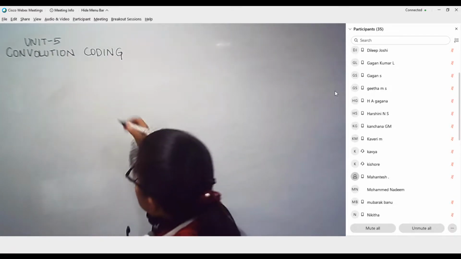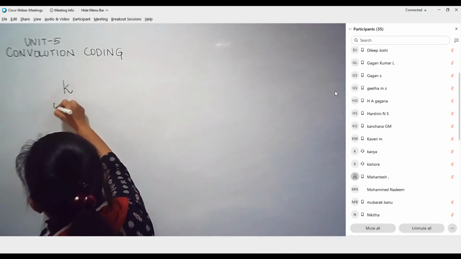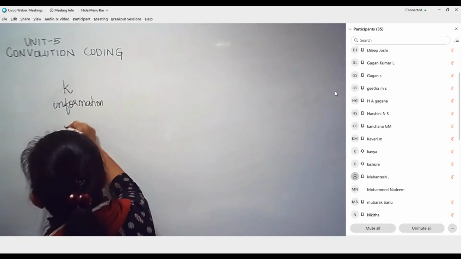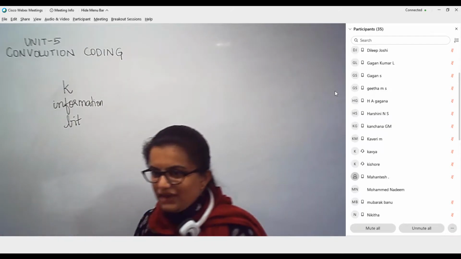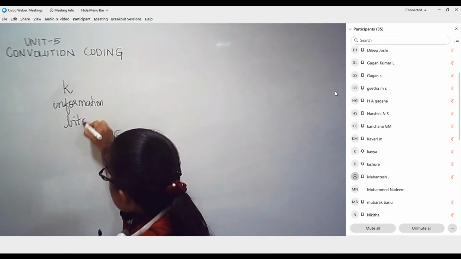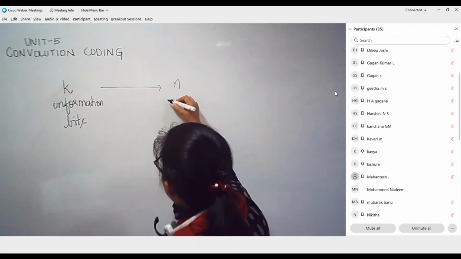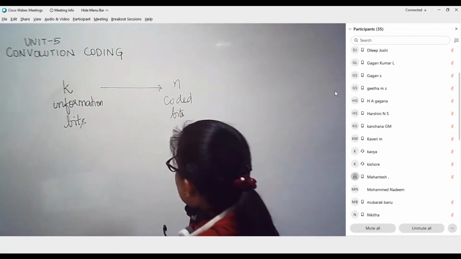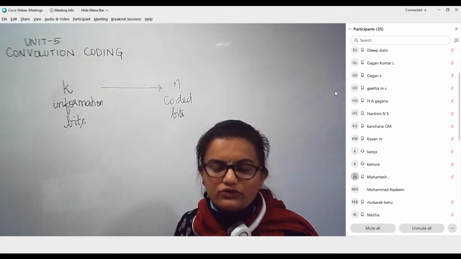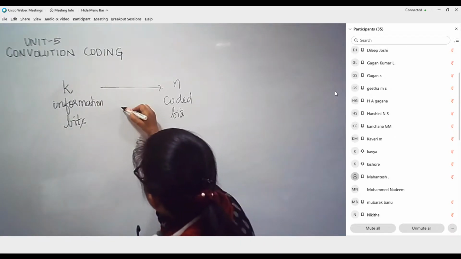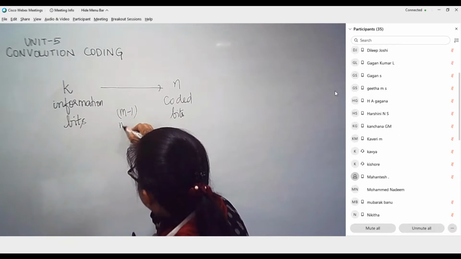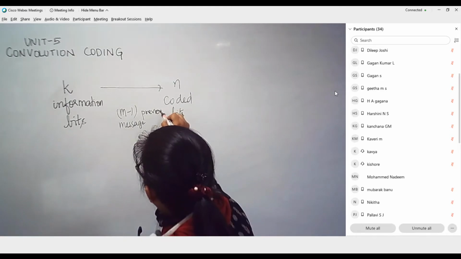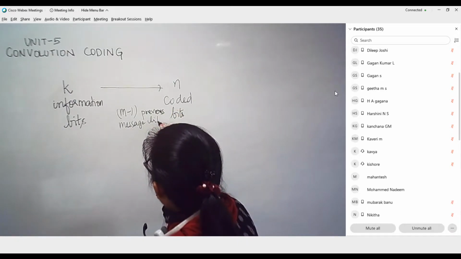As I said, this is going to take k information bits. If we have k information bits, I do not call it a block here, it is k bits of information. This will be converted into n coded bits, but with m minus 1 previous message bits also considered.